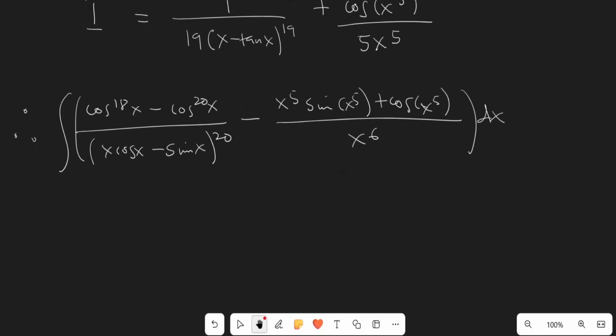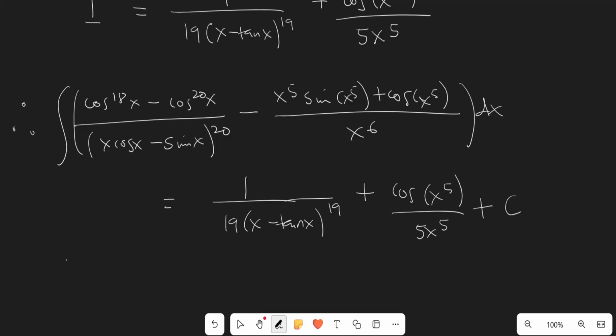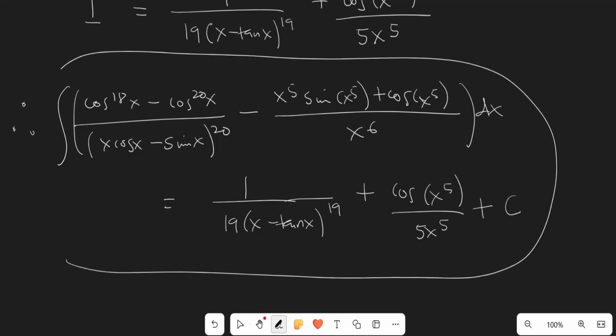The value of this integral is 1 all over 19 x minus tan of x all raised to the 19 plus cosine of x to the 5 all over 5x to the 5 plus constant of integration. So this is the value of our integral.